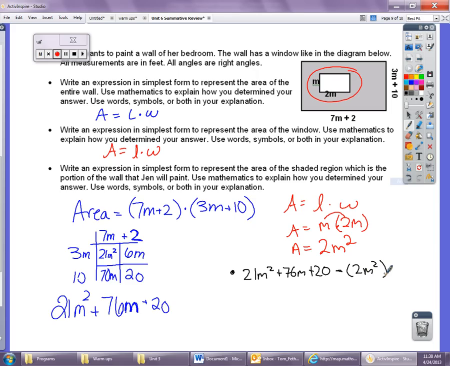I put that in parentheses because, especially if it's a binomial or trinomial, we have to distribute that negative to everything. So 21m squared minus 2m squared is 19m squared. So the area of the shaded region is 19m squared plus 76m plus 20. And that is our review of Unit 6. You guys will do great.